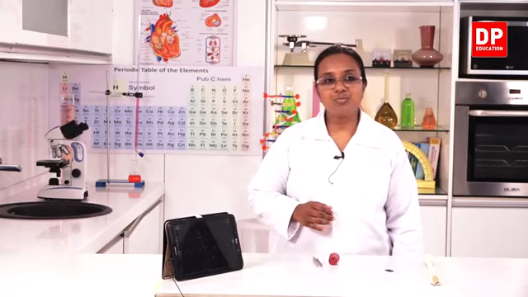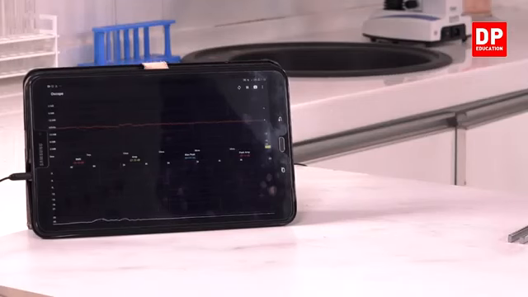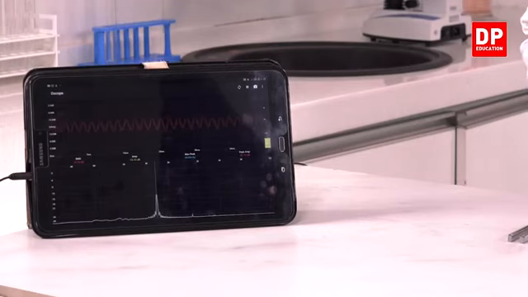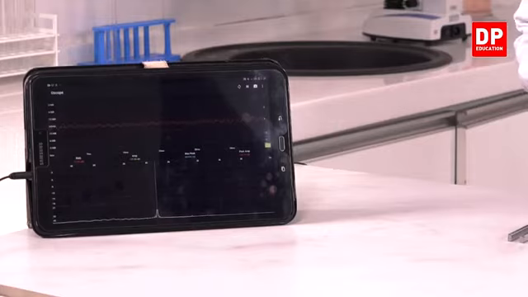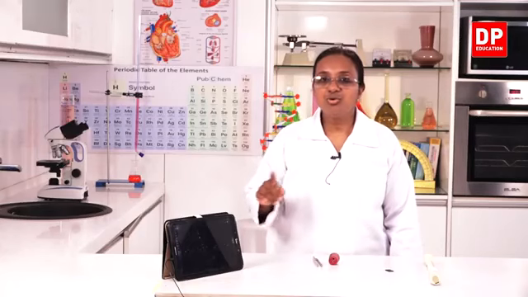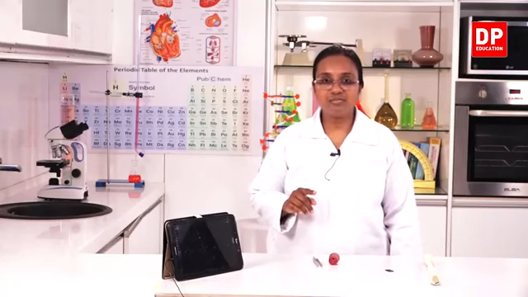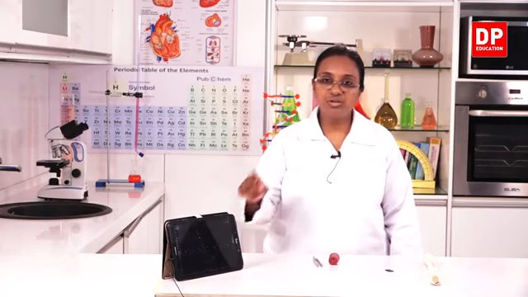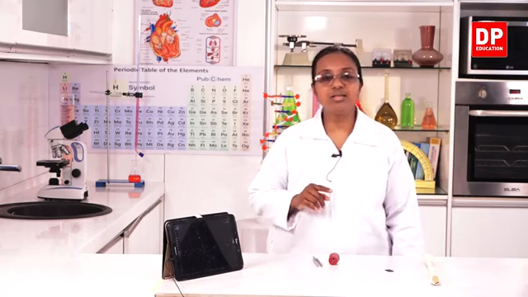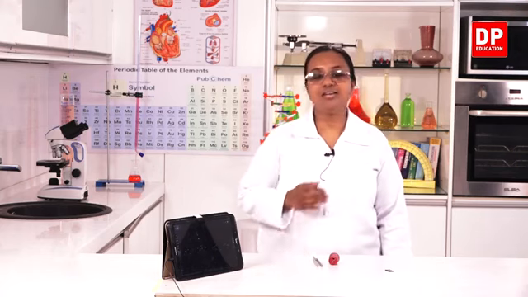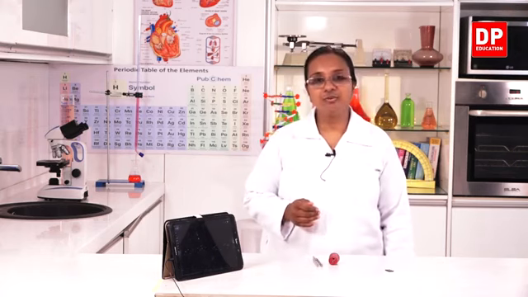I will ask him to play again. Okay, students. So you were able to see the difference between the waveform of the tuning fork and the waveform of the guitar sound. Now again another student is going to play the flute.